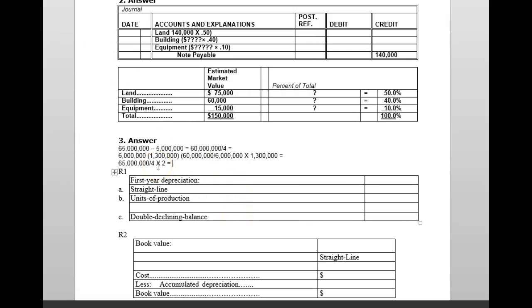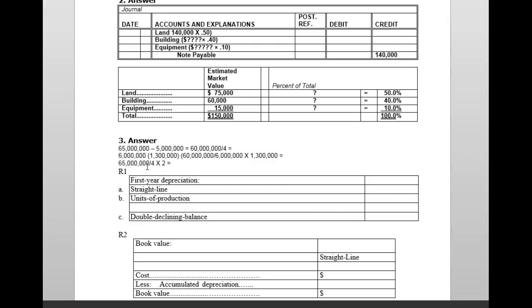Now, double declining has a couple of caveats here. So whatever this amount becomes for the second year, you subtract it from the 65 million and divide that by 4 and multiply that by 2 for the second year.